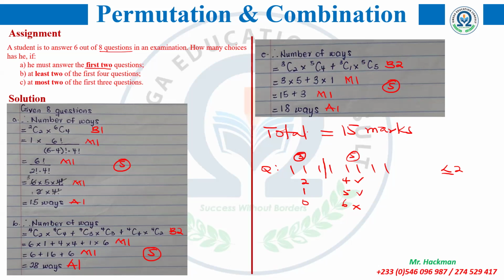Then you move on. In normal circumstances you should have used your normal way without the calculator, but it's okay. When you realize that you have a lot of combinations, you can use your calculator. So the calculator value of this is this, the calculator value of this is this, then this will give us what you have here.